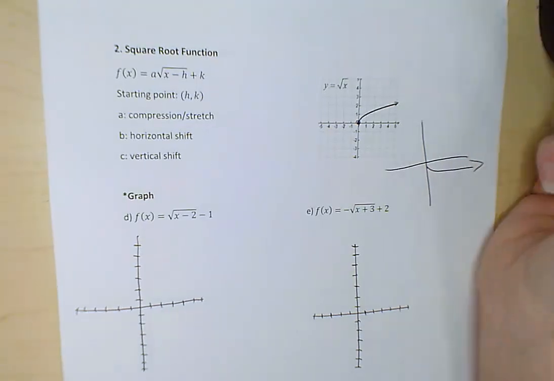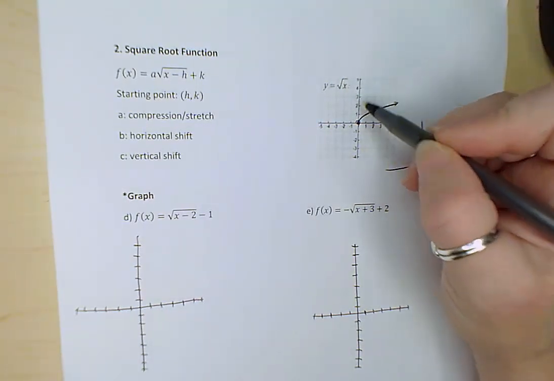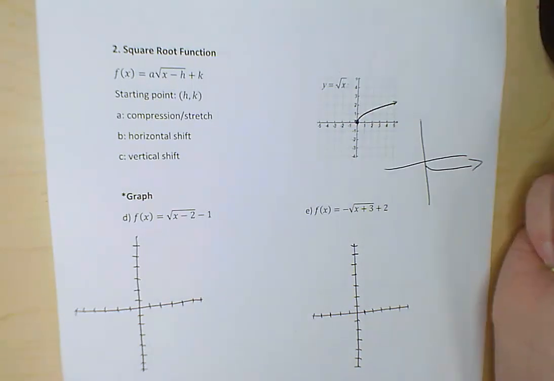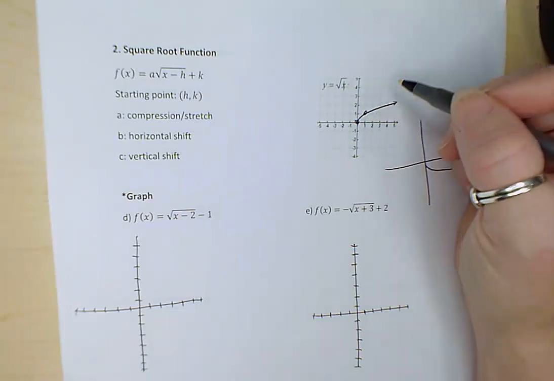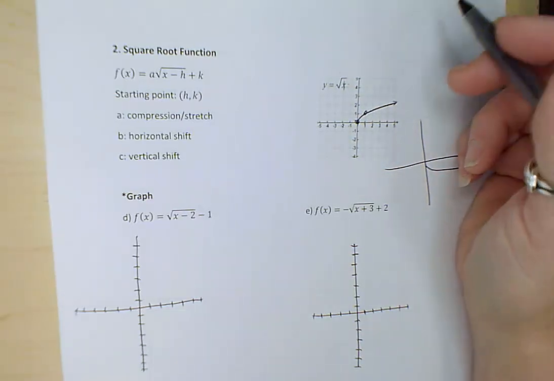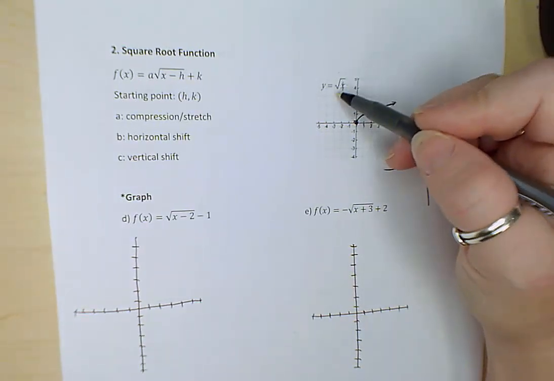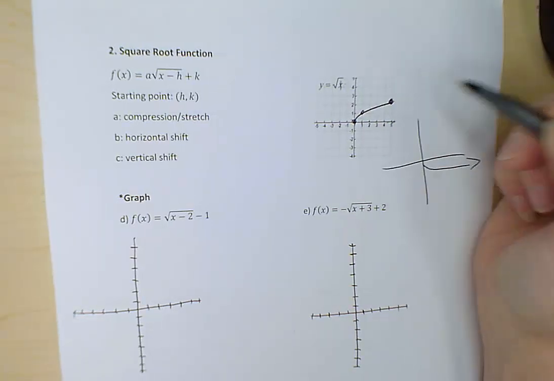Your first point is going to be 0, 0. Again, if I plug in a 0, well, the square root of 0 is 0, right? So if I plugged in a 0, I would get a 0 for my y. If I plugged in a 1 for x, I would also still get a 1 for my y, since the square root of 1 is a 1. I'm going to skip 2 and I'm going to skip 3, and the next number I would use is a 4, which means the square root of 4 is a 2.